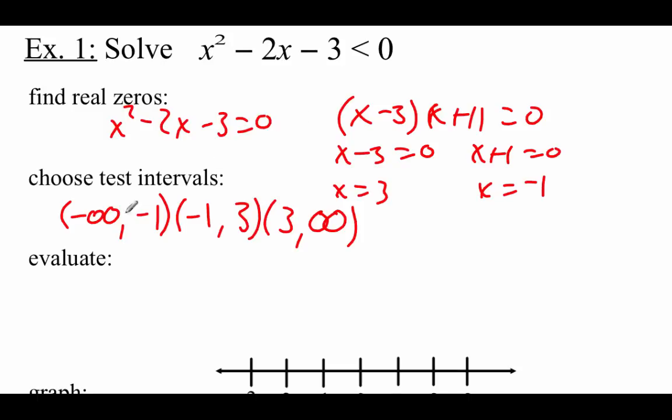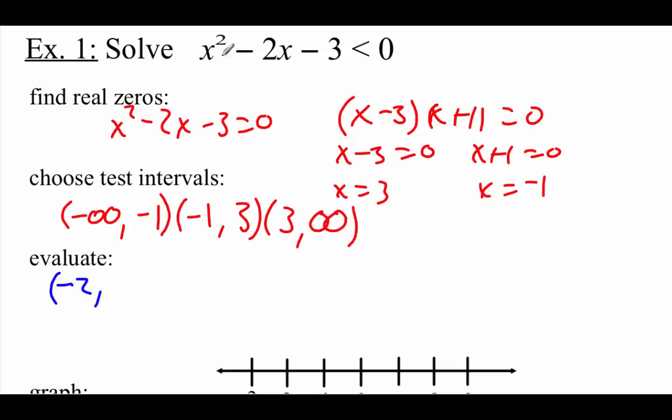And now we want to pick a representative x value from each one of these to plug into our function and evaluate it. I'm going to look at this first interval from negative infinity to negative 1. We want to pick a test value between negative infinity and negative 1. So maybe we decide to plug negative 2 in for our x value. If we do plug in negative 2 to this function for x, we're going to get back an answer of 5.